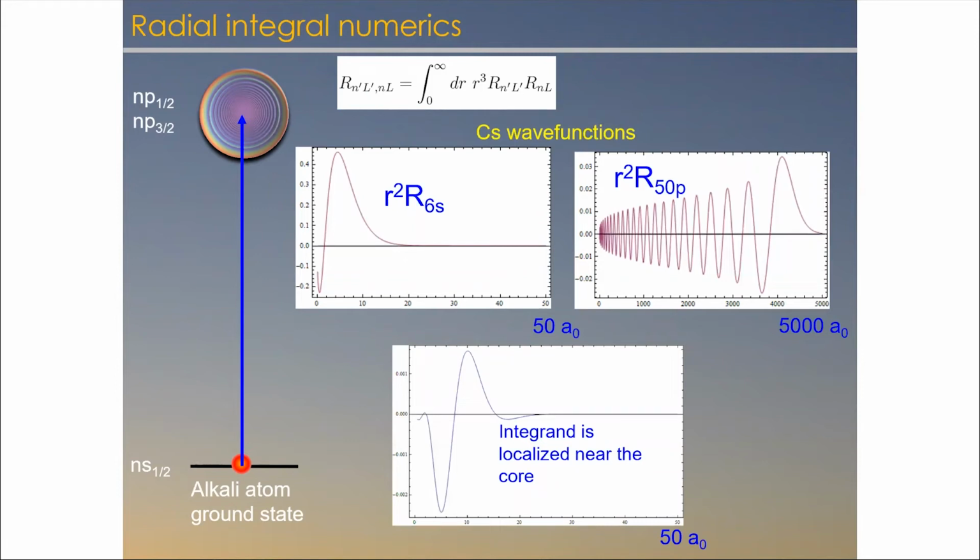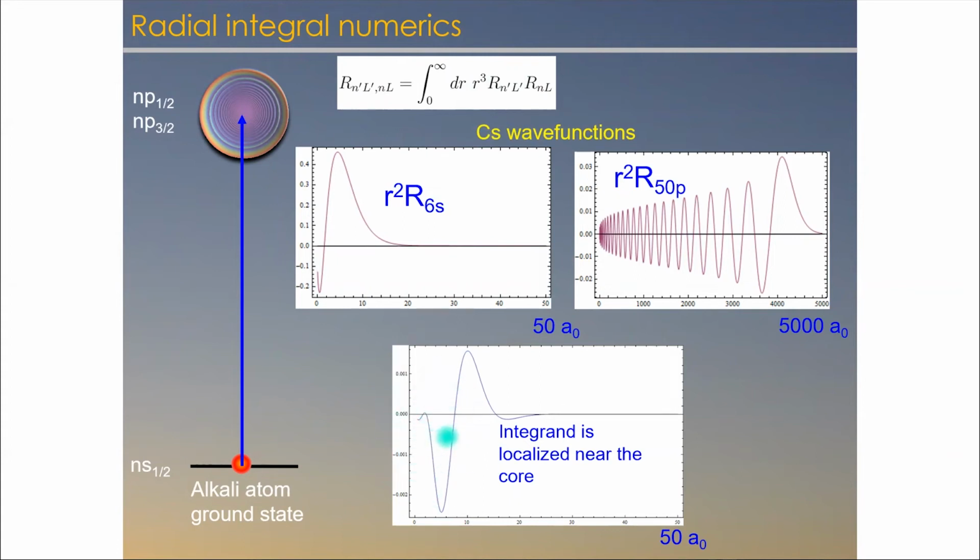One interesting point, perhaps, is that in the matrix element calculation, you have the product of the radial wave functions of the ground state and the Rydberg state. Here's the wave function of a ground state cesium atom, and here's the wave function of a 50p Rydberg state, which is much more extended. If you look at the contributions to the integrand, it's all localized near the core.